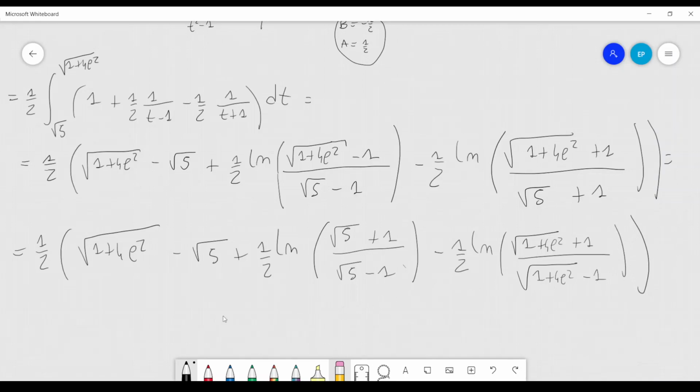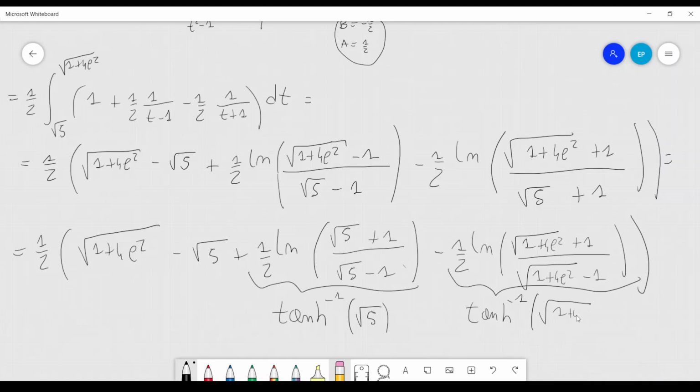This is just from the properties of the logarithms. And this function here is also called the inverse hyperbolic tangent of the square root of 5. And similarly, this function is the inverse hyperbolic tangent of the square root of 1 plus 4e squared.